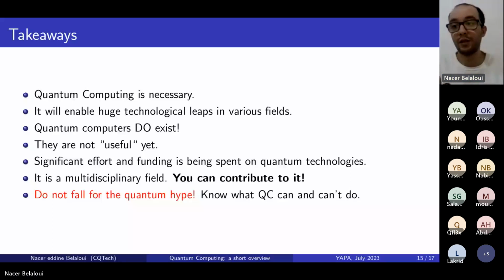If we get some, or start getting some, meaningful results from quantum computers, then this will enable huge technical leaps in various fields. We've seen quantum chemistry, we've seen logistics.